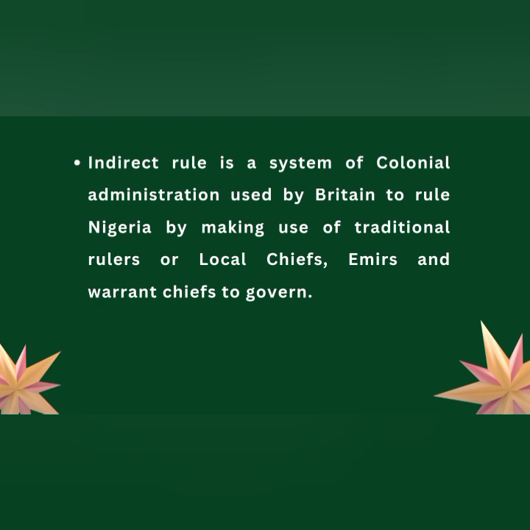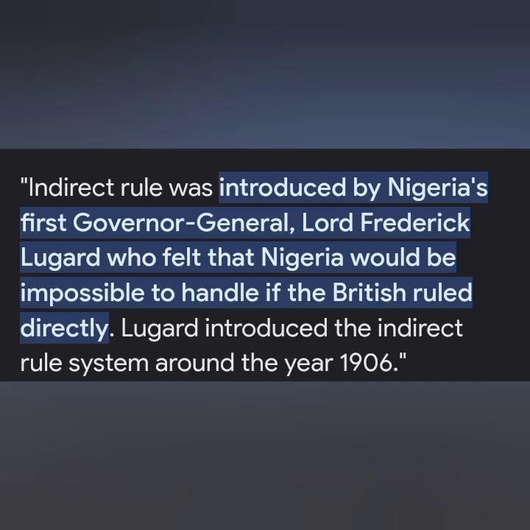So let us take a look at what is meant by indirect rule. Indirect rule was a system of government adopted by Britain to govern the whole of Nigeria after the conquest of Nigeria was completed in 1900.